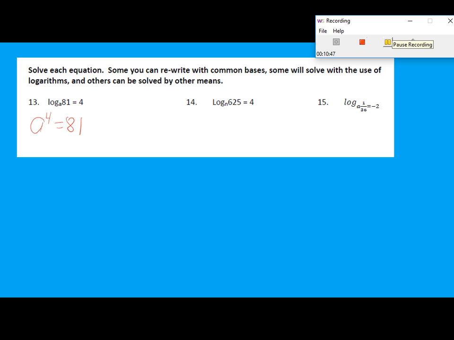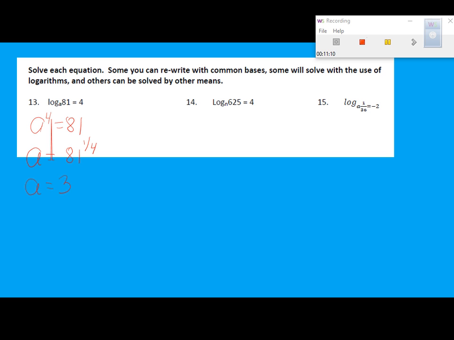So to solve this for a, I'm going to raise both sides to the 1/4 power. So I've got a is 81 to the 1/4. And if you run that through your calculator, we're going to get a must be 3. Now, normally it would be positive and negative 3, but you can't have a negative base. So just take the positive part.